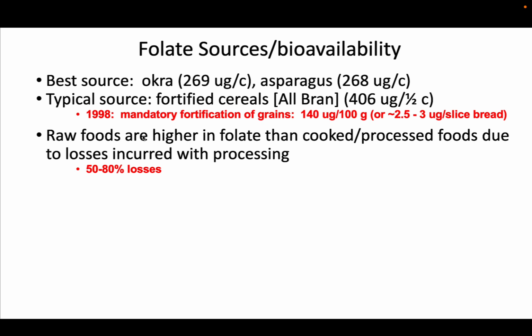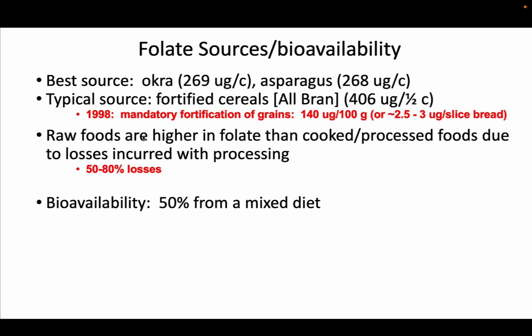Going back to the idea of cooking and processing, depending on what method that you're using to prepare food, it could lead to losses that are half to 80%. So again, the faster the cooking method, maybe a stir fry or microwave, which is pretty quick, those are going to lead to less reduction of folate than other methods like roasting, boiling, things like that.